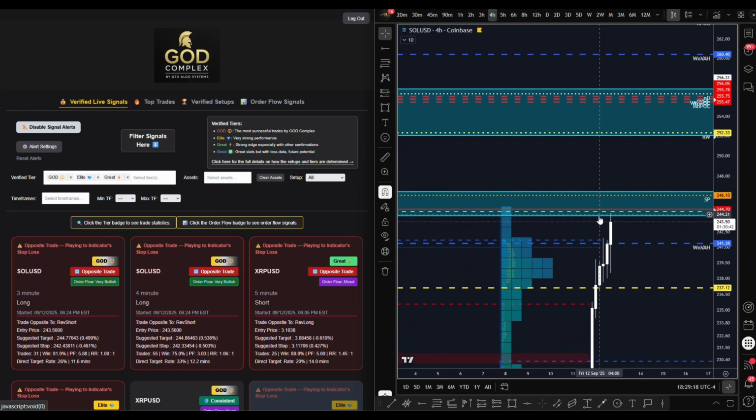I map it all out and look for areas where there's confluence. This level, for example, has quite a lot of stuff going on here, so I mark it out, put an alert. As much as the data and statistics and order flow say it should keep going higher, I have no reason to risk in something that has so much confluence for resistance. So I stay out of that.